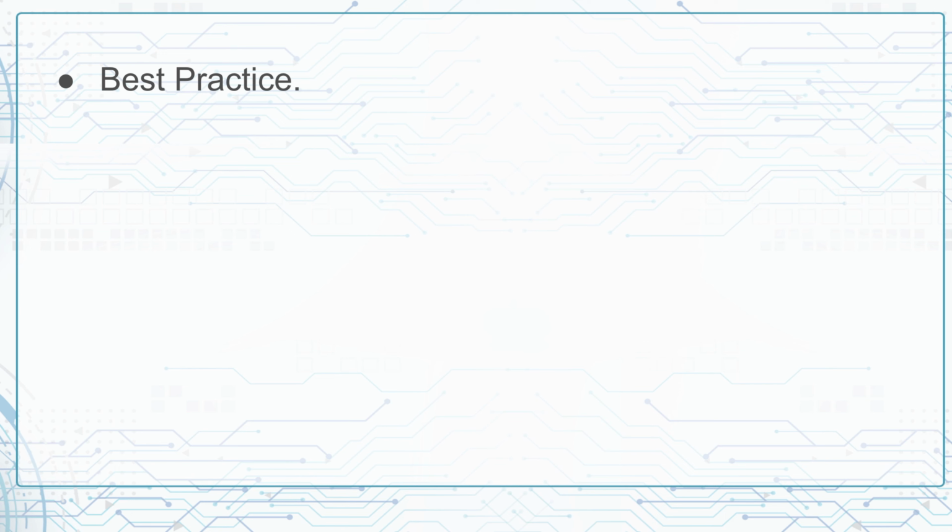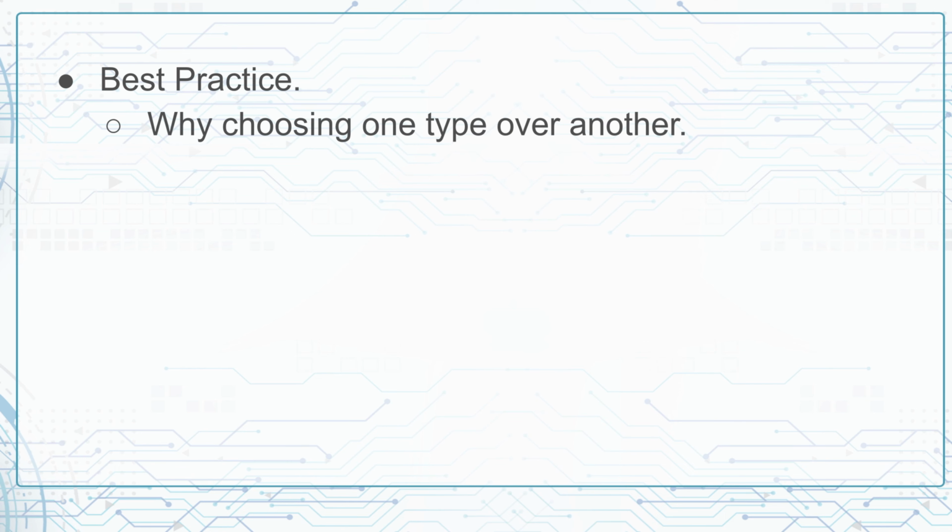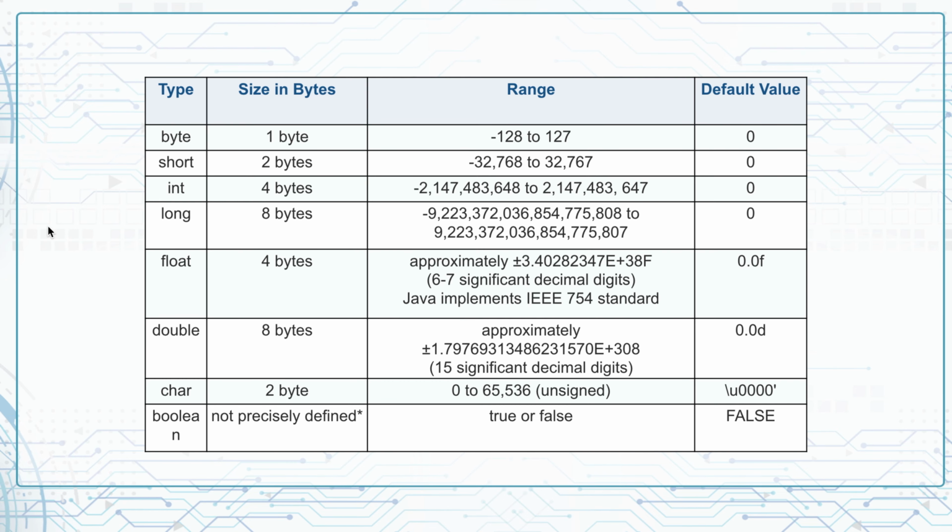Now, let's get to the best practice and answer the question of why we choose one type over another. If you want to think about your code, the most important thing in writing a good project is resource management. You have to be aware of all the types and what size they take in order to save resources and make your project run faster.